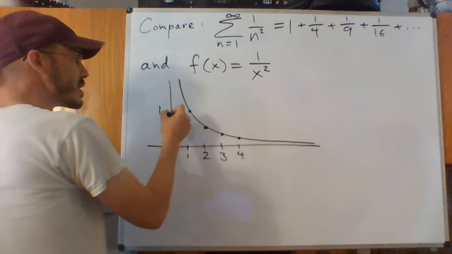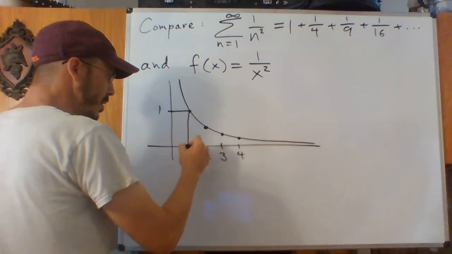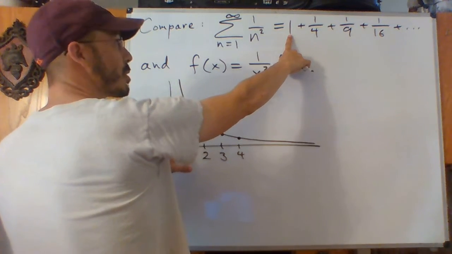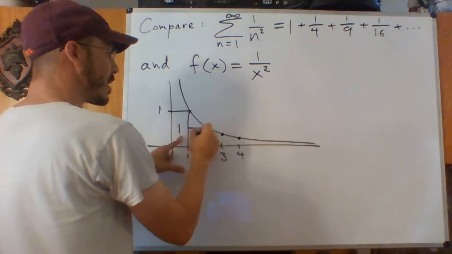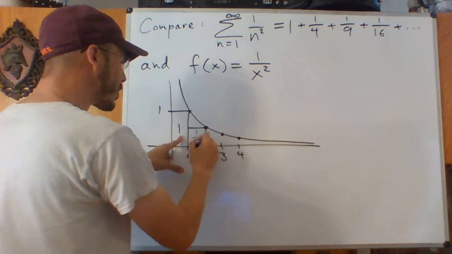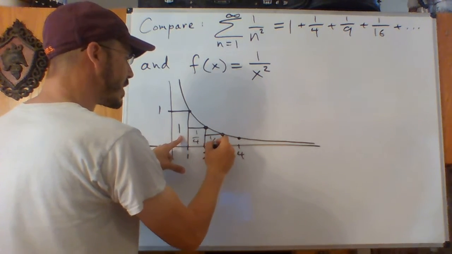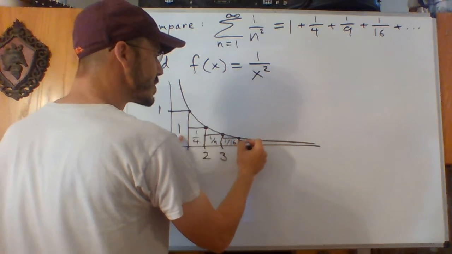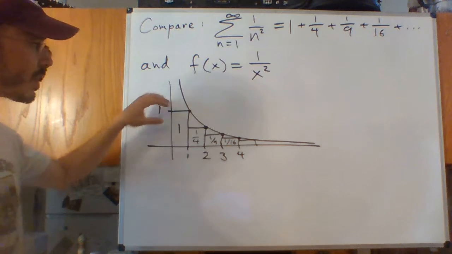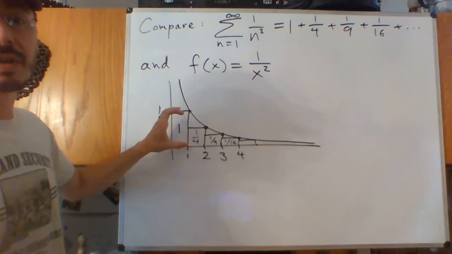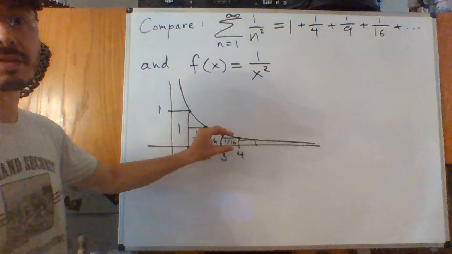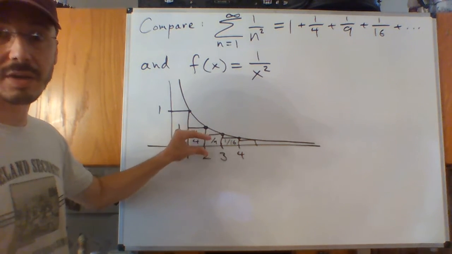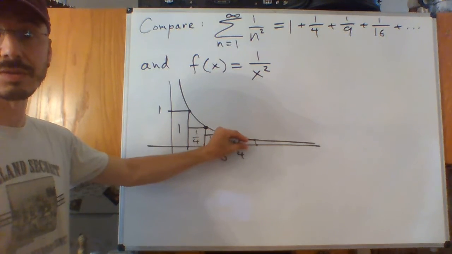But what they do is they put that first piece of the first term as a separate piece, and then we start looking at a rectangle of area 1/4, and a rectangle of area 1/9, and a rectangle of area 1/16. And in this case, if you set it up like this, the curve is above these blocks. So the area under the curve is greater than the area of the rectangles.